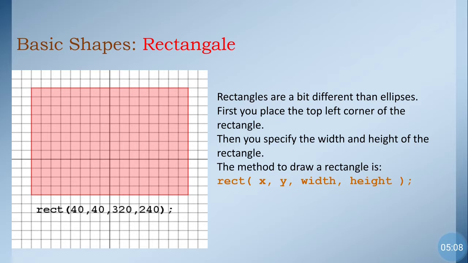The method to draw a rectangle is rect(x, y, width, height). The x and y arguments are the location of the top left corner of the rectangle. The width and height arguments are how wide to the right and how tall down the rectangle will be.